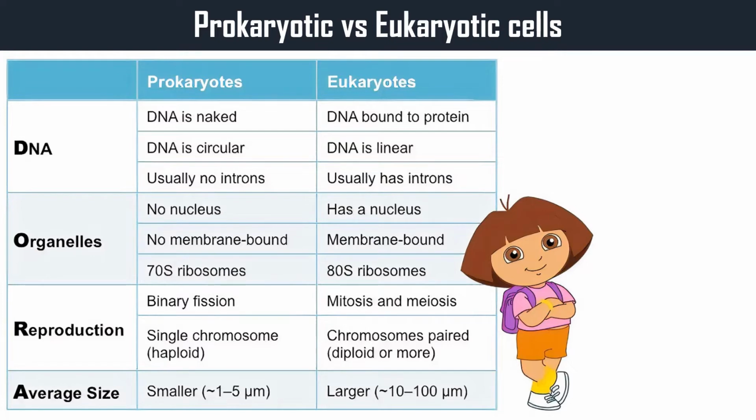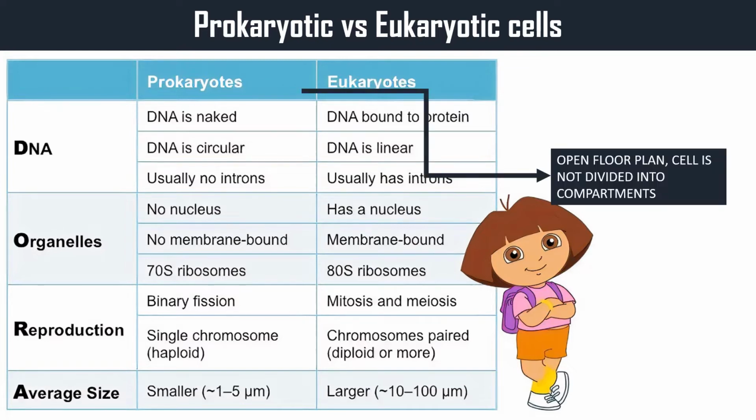If I have to say the difference in one line, I would use the words floor plan to discuss the cellular architecture of these cells. So, for prokaryotes, I will say that prokaryotes have an open floor plan, which means that the cell is not divided into compartments. The organelles are not membrane bounded, so they have an open floor plan.